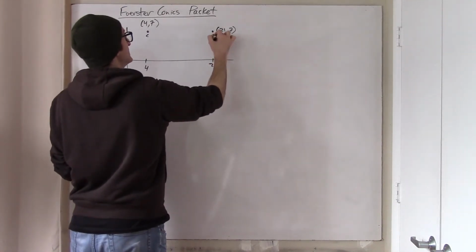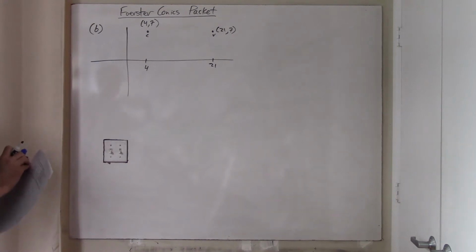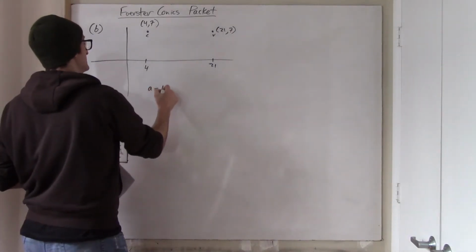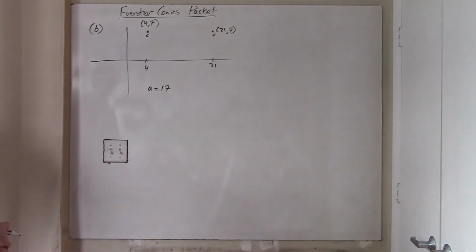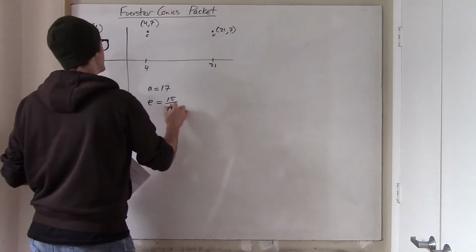Okay, well this is actually kind of nice because if I know the center and I know a vertex, then I can immediately subtract, and I can get that a is 17, because that's just between the center and a vertex. The eccentricity is 15/17.